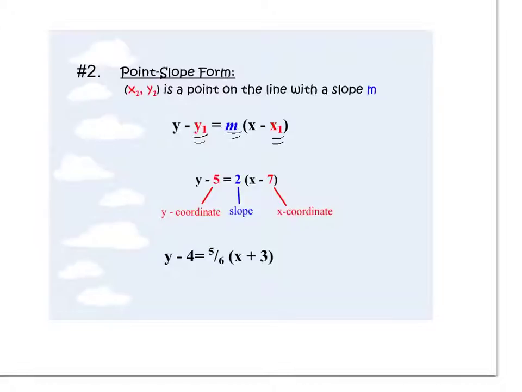So if you had the equation y minus 5 equals 2 times x minus 7, in this case, we would know that the slope is 2, and there would be a point on our graph for this specific line at (7, 5).